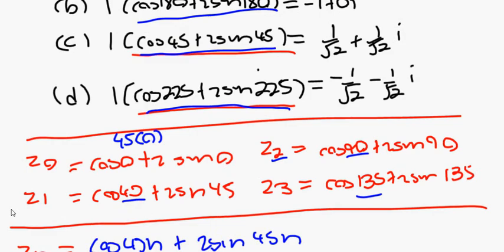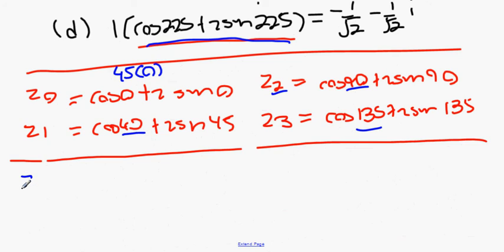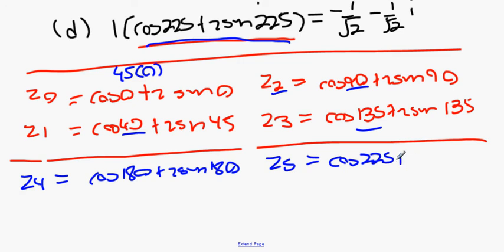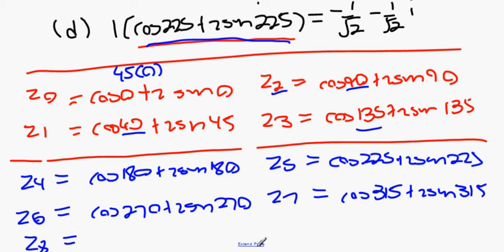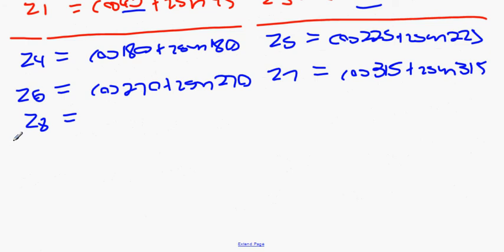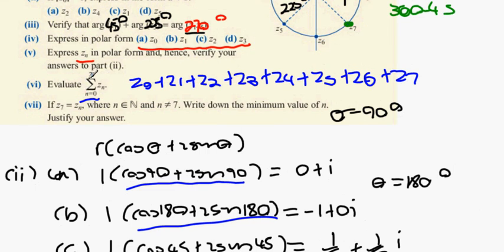Now, if we were to make a big long list of all of them using the Zn formula, what we'd also get is Z4, which is going to be cos 180 plus I sine 180, Z5, which is going to be cos 225 plus I sine 225, Z6, which is going to be cos 270 plus I sine 270, Z7, which is going to be cos 315 plus I sine 315, and then Z8, which is going to be cos 360 plus I, but we don't have to go as far as Z8 because Z8 doesn't exist because it stops at Z7. You can see that up here, that stops at Z7.